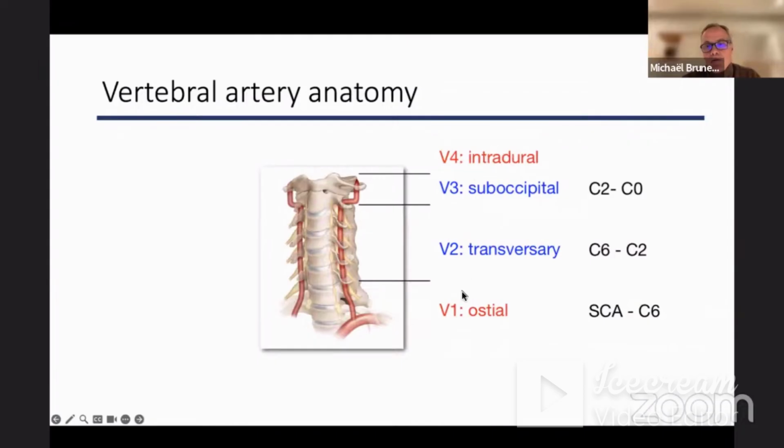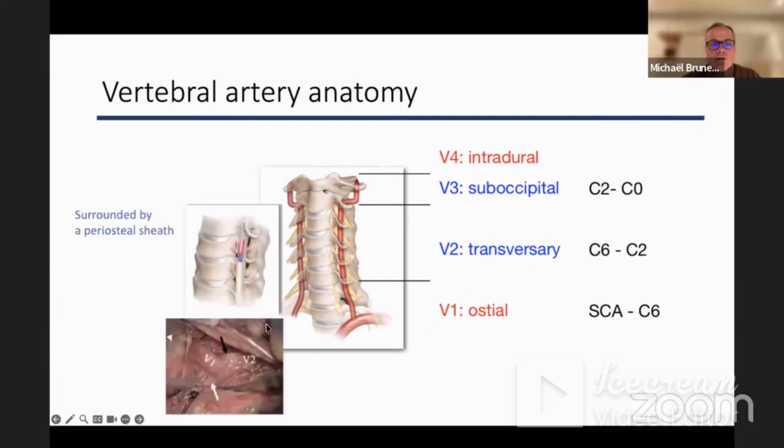I put the V1 and V4 segments in red and the 2 other ones in blue because it's important to understand that the V2 and V3 segments are in fact surrounded by a periosteal sheath, and surrounding the artery within the sheath you have an important venous plexus. It's why I put that in blue.